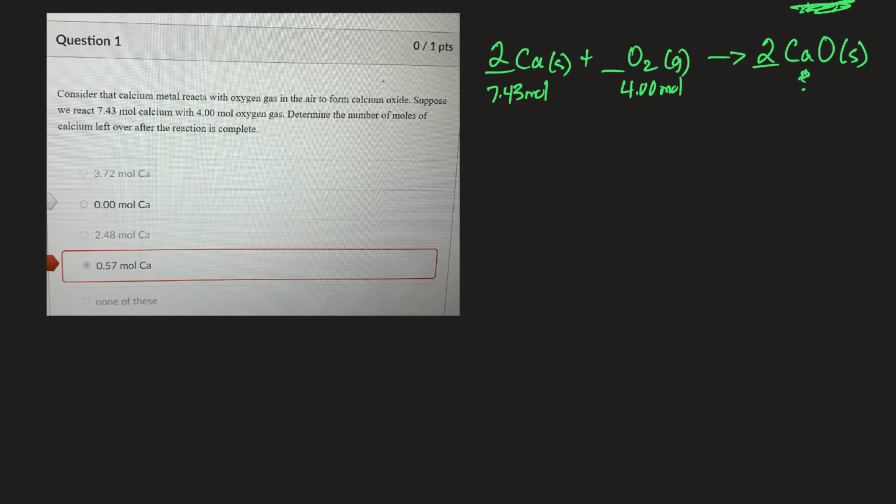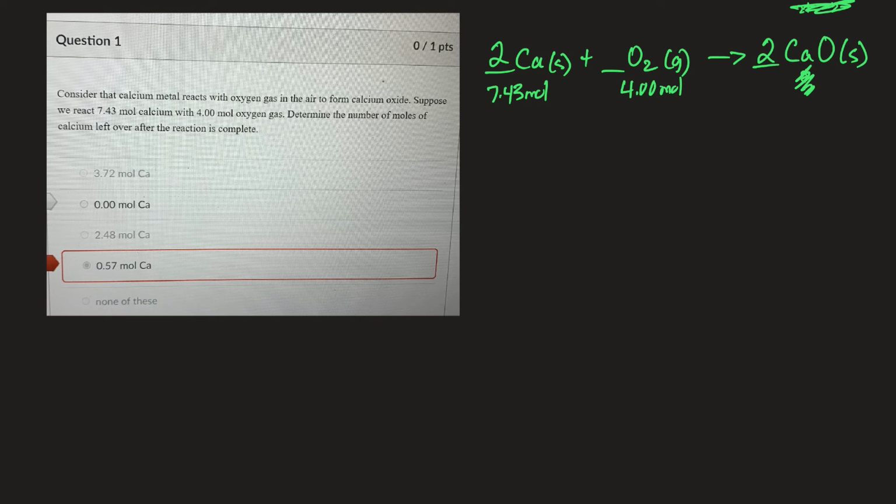Oh, I thought they were going to ask that question there. Well, I guess it could be none, or I guess it could be some. Interesting. Because that's a different limiting reagent kind of question. But determine the number of moles of calcium left over after the reaction is complete.